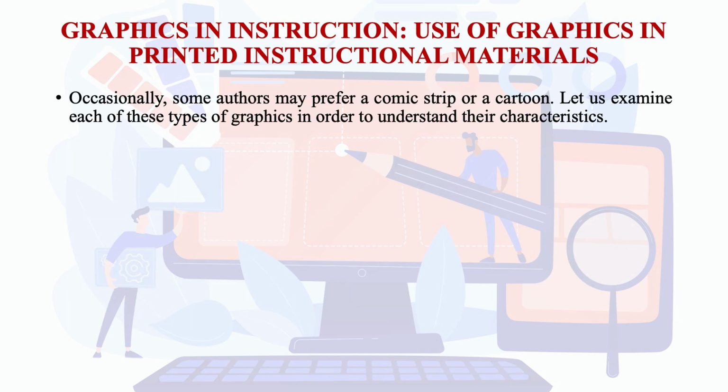Occasionally, some authors may prefer comic strips or a cartoon. Let us examine each of these types of graphics in order to understand their characteristics. Let us see with an example.